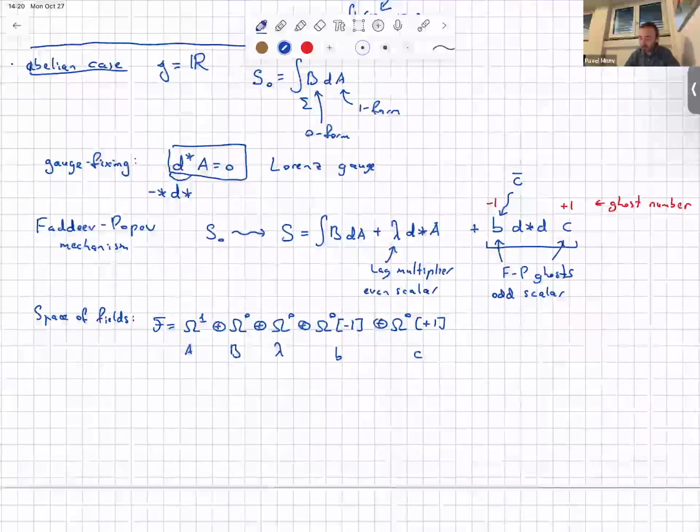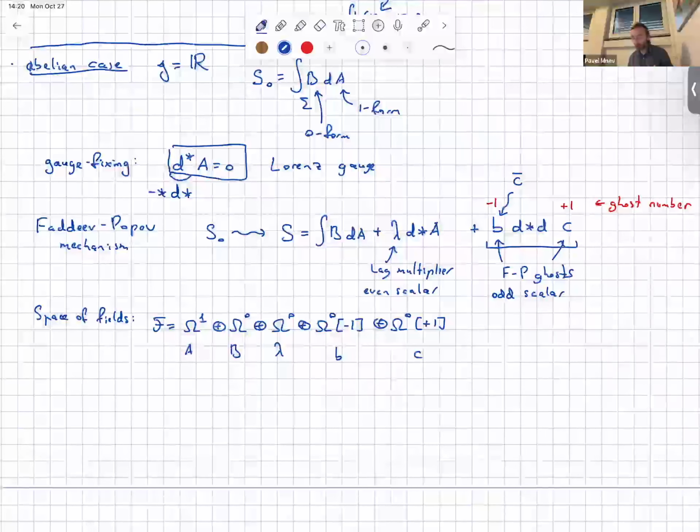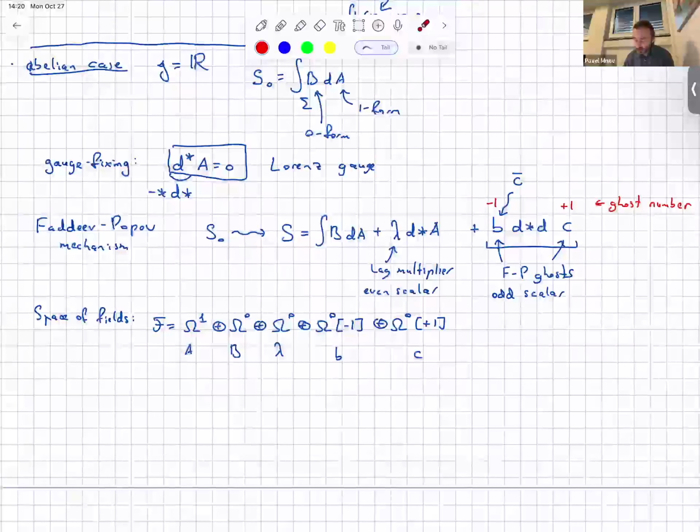Right. So now, this Faddeev-Popov mechanism, replacing the action with this new action. The point is that the Faddeev-Popov mechanism is a replacement of the path integral over classical fields modulo gauge transformations by an integral over this entire collection of fields, A, B, lambda, little b, little c, of the exponential of this new action.